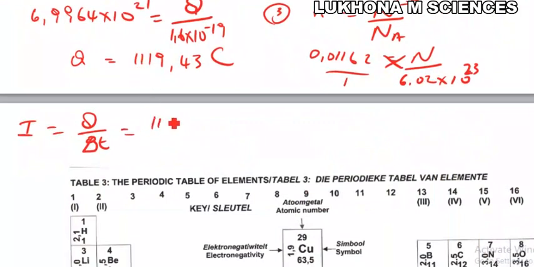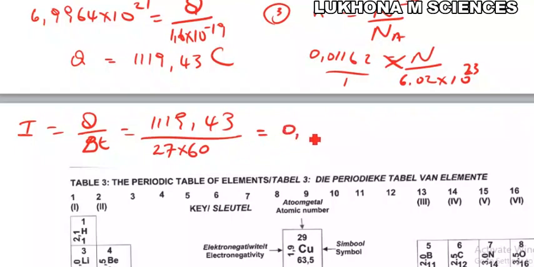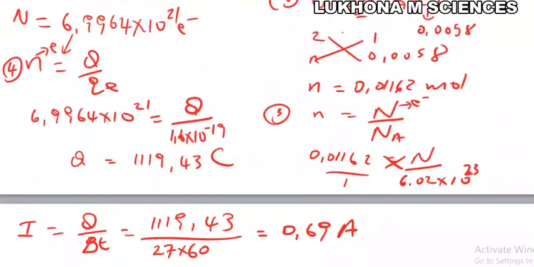Q is 1119.43 divided by the time, which is 27 minutes. Then we convert to seconds by multiplying by 60, which is equal to, then press calculator, the answer is 0.69 amps. Then the question is answered.